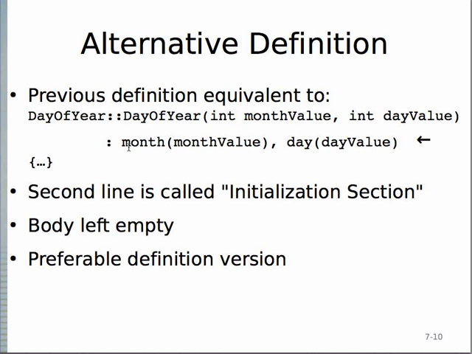So this is just like saying month equals month value. And you can have any number of data members. The one thing to watch out for is that C++ will always do these things in the order that they are declared in the class. So if your month comes after day, day will get initialized first, and then month will get initialized, regardless of how you put it in here.